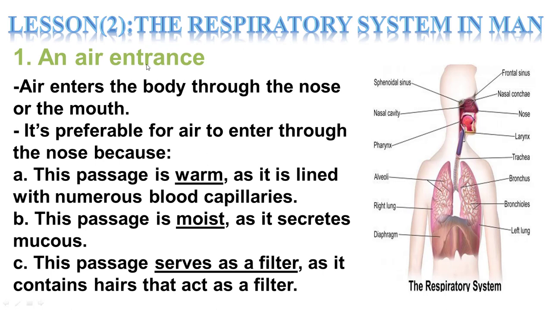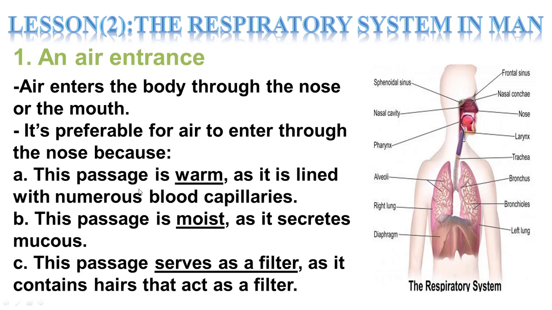How can the air enter your respiratory system, or two lungs? First, air enters the body through two openings: first the mouth, second the nose. But scientists prefer the nose to the mouth. First, this passage is warm as it is lined with numerous blood capillaries.